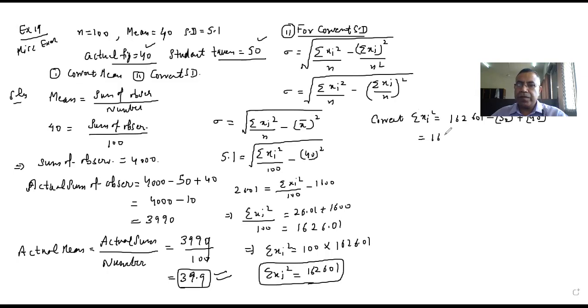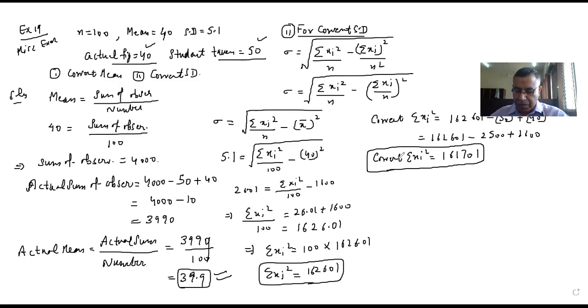So correct sigma xi square is 162601 minus 2500 plus 1600, which is equal to 161701.